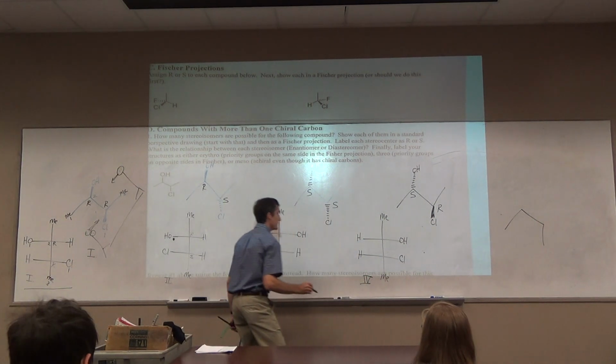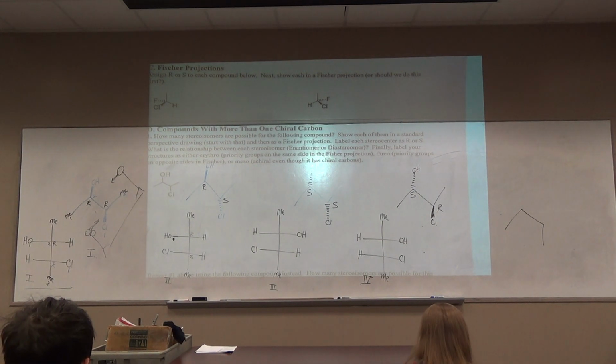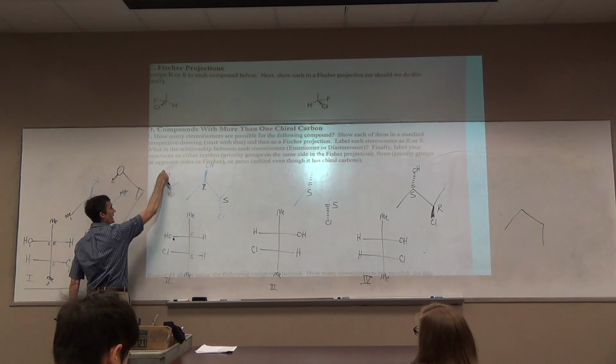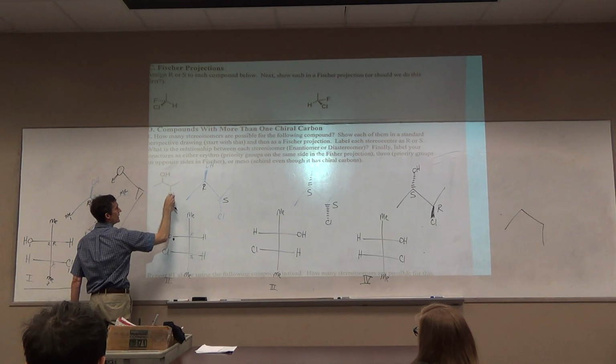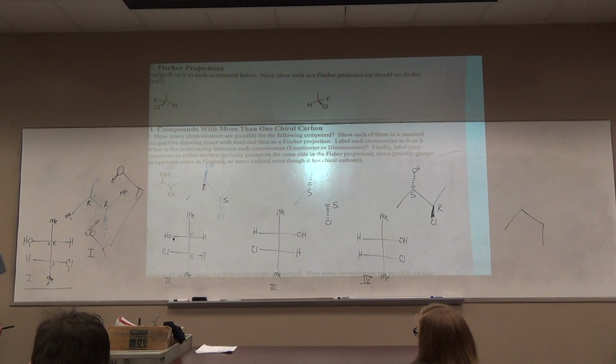First off, are they all 4 stereoisomers? Yes, they're all 4. The name of this compound, you can call this a hydroxy and a chloro. C comes before H. 2-chloro, 3-hydroxybutane. Anybody good with that name? 2-chloro, 3-hydroxybutane.